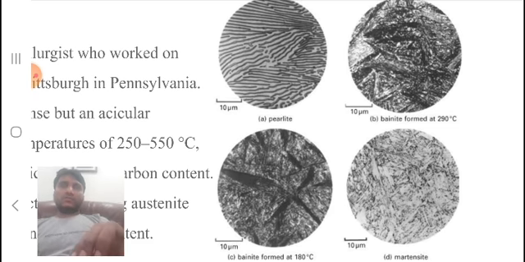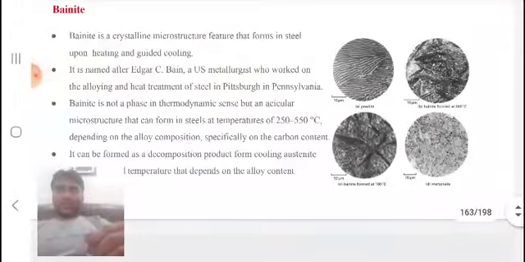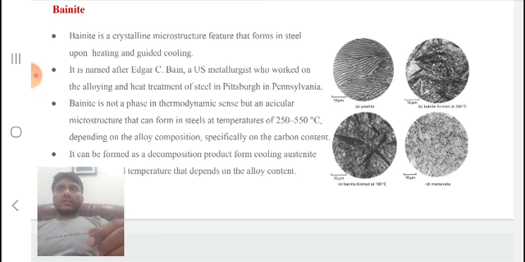Generally, in simple terms, the temperature range for transformation of austenite to bainite is around 250 to 550 degrees centigrade, and there is no fundamental lower limit to the bainite start temperature when formed during continuous cooling.